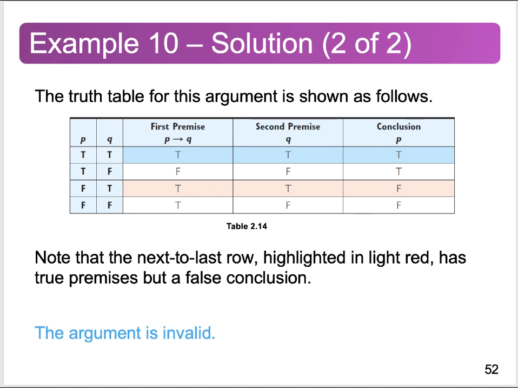So I want you to look at the combination where both the first and the second premise are true. Here, you have this first row that qualifies and this third row that qualifies. One of them leads to a true conclusion, one of them leads to a false conclusion. So since it was possible to have a true first premise and a true second premise, but a false conclusion, that's going to make this an invalid argument.